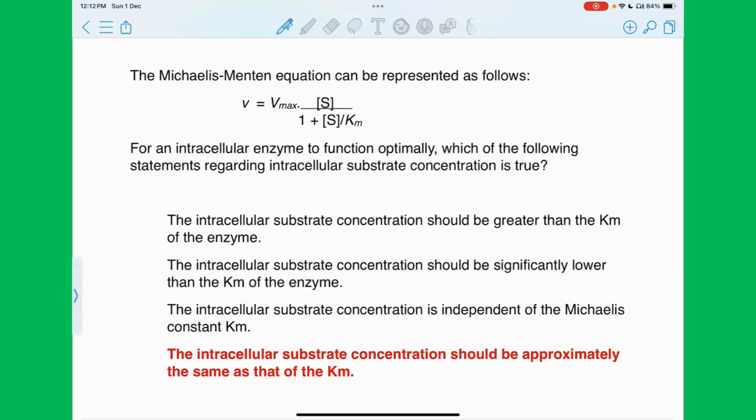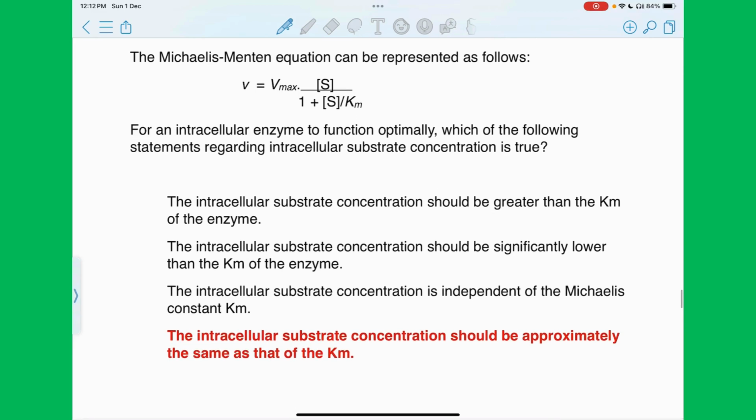I'm not going to read all the options because this is again a too direct and repetitive question in the exam. The answer is the intracellular substrate concentration should be approximately the same as the Km, because Km is the intrinsic property of the enzyme protein. There is no use in reading through all the options. The correct option will be option number 4.